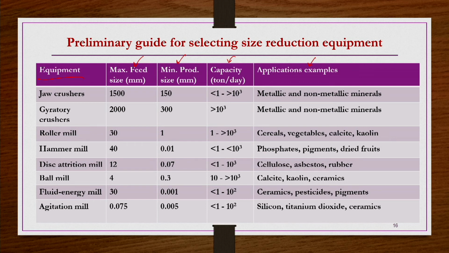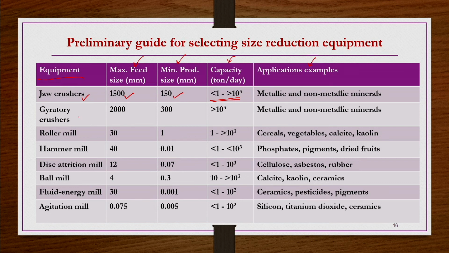The first equipment that we have studied is jaw crushers. The maximum feed size it can handle is up to 1500 mm, and the minimum product size it can produce is up to 150 mm. It can handle a wide range of capacity, from less than 1 ton per day to almost 1000 tons per day, and applications in general can be found in any metallic and non-metallic minerals industry.